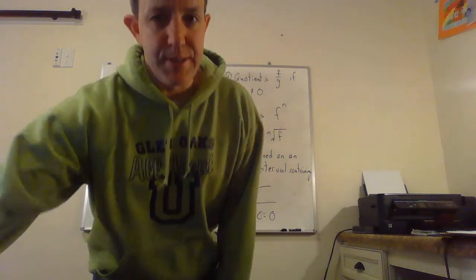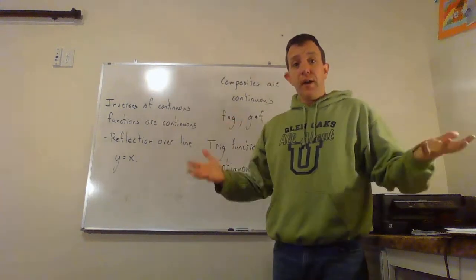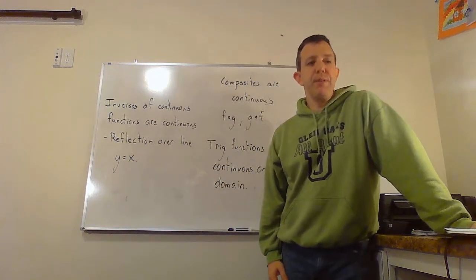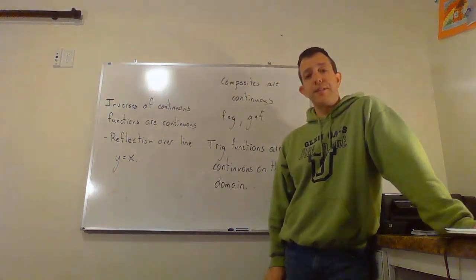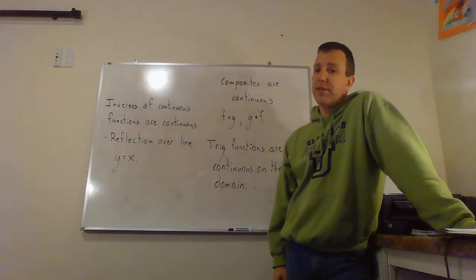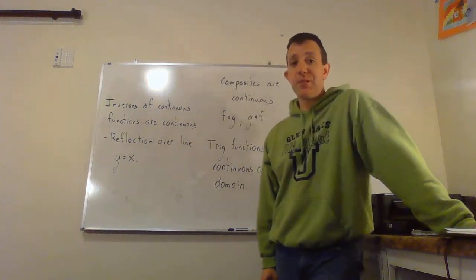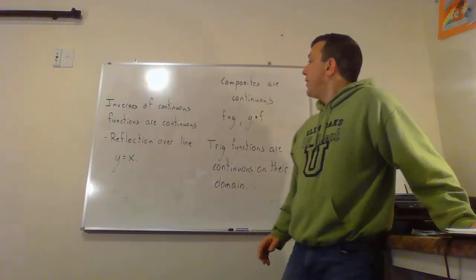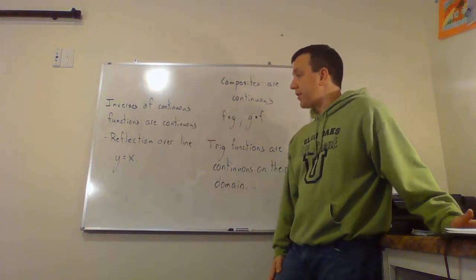Let's keep going. Inverses are next. Here are a few more things that are continuous. This is not an exhaustive list, so that's part of what makes all this so fun. There's so much stuff. Inverses of continuous functions are continuous.